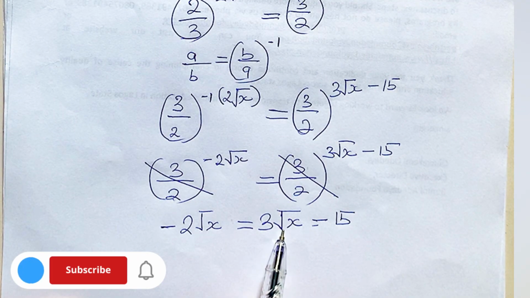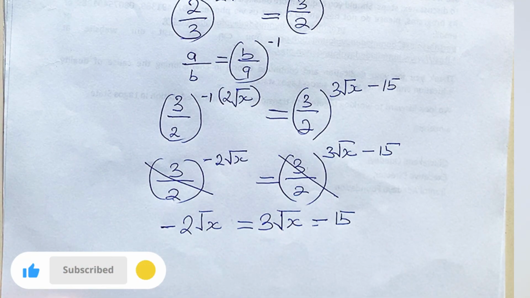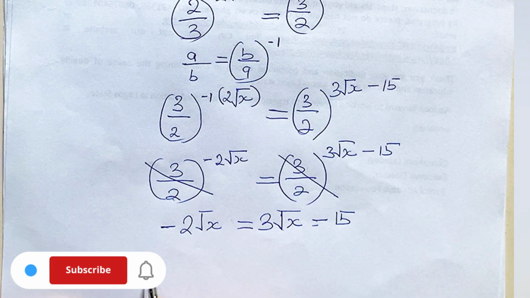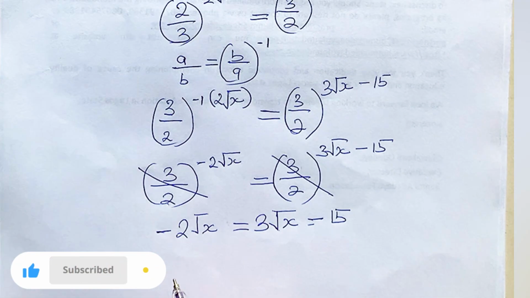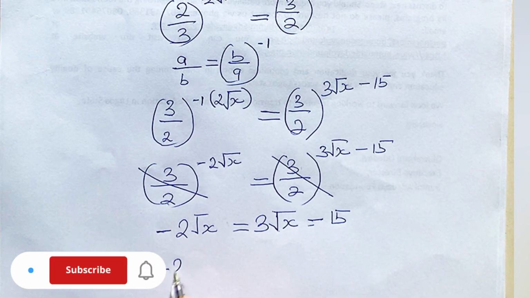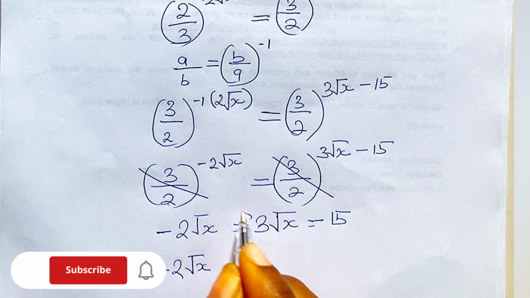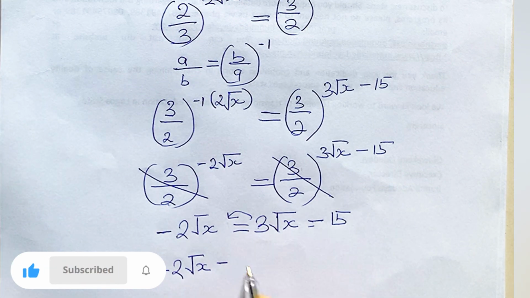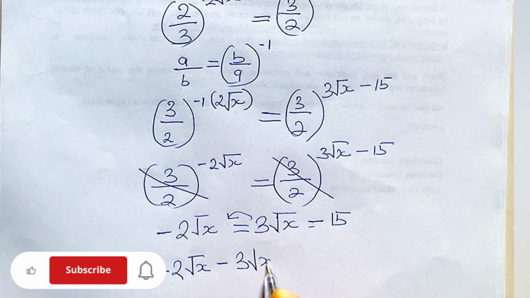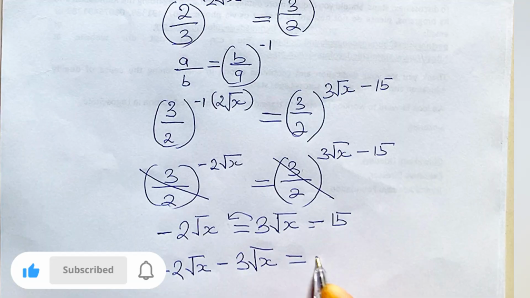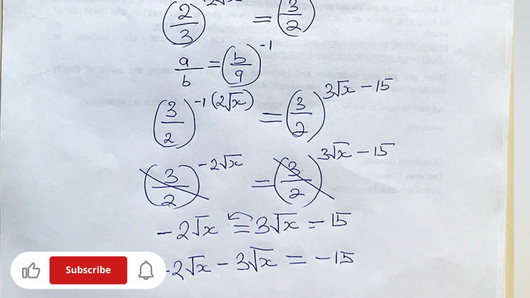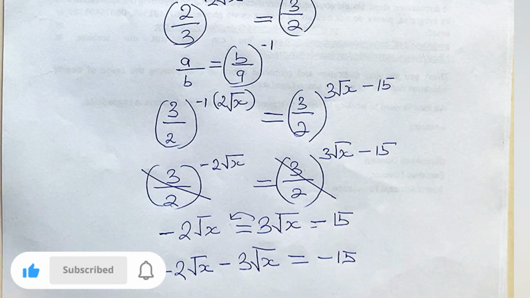Let's bring the x part to the left hand side. When we do that, −2√x, when this crosses over to this other side, becomes −3√x, equal to −15.